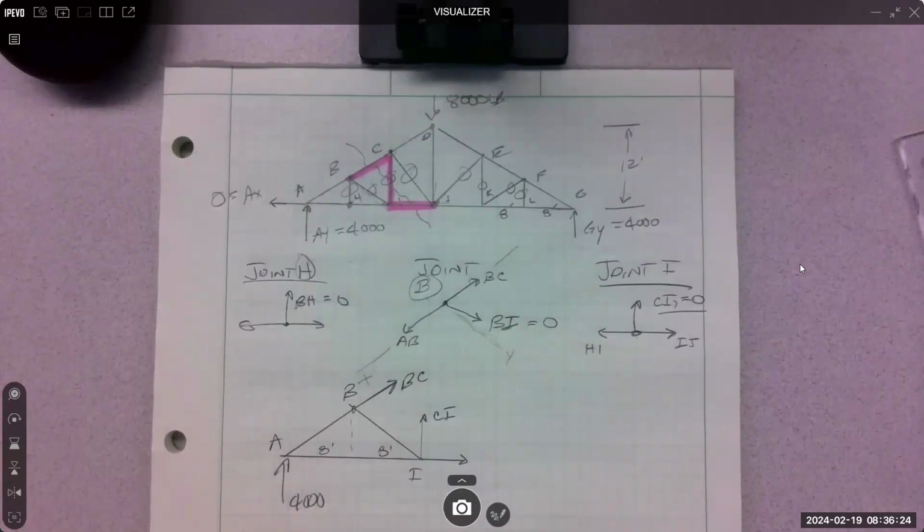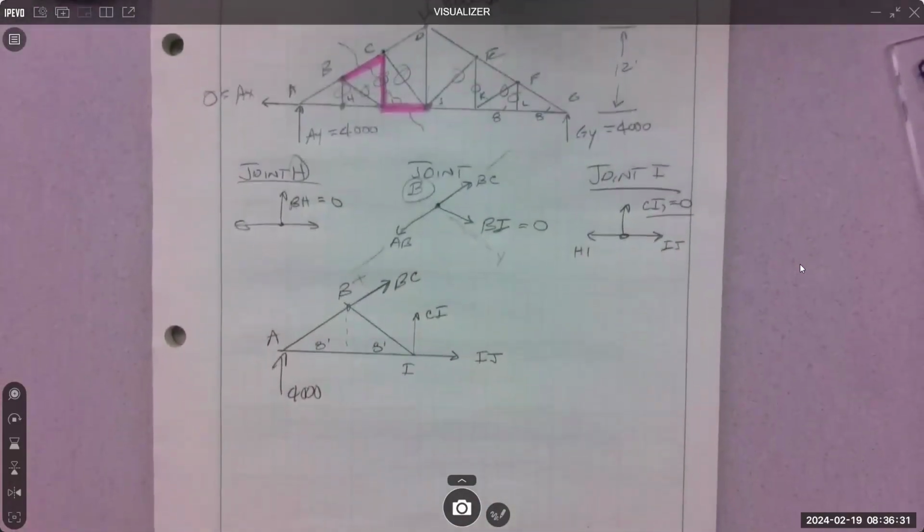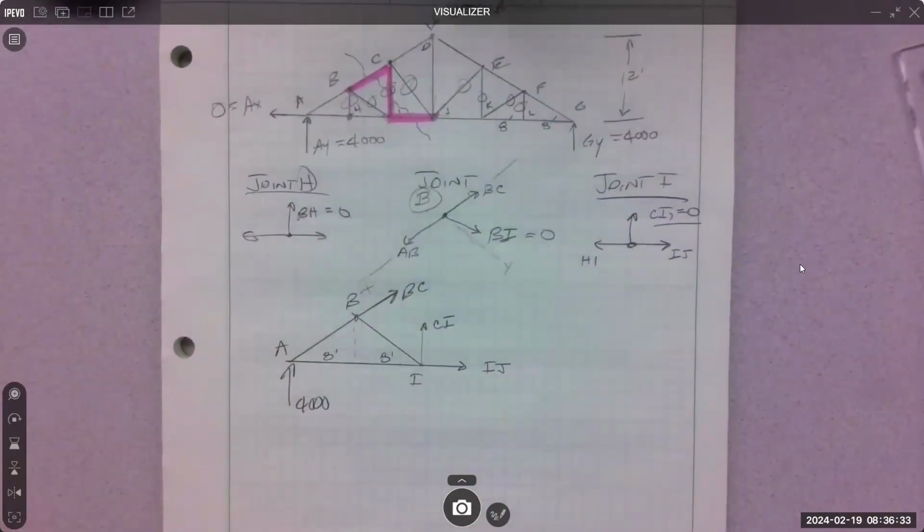That is IJ. Definitely getting more complicated. Ideas on how to go about this?